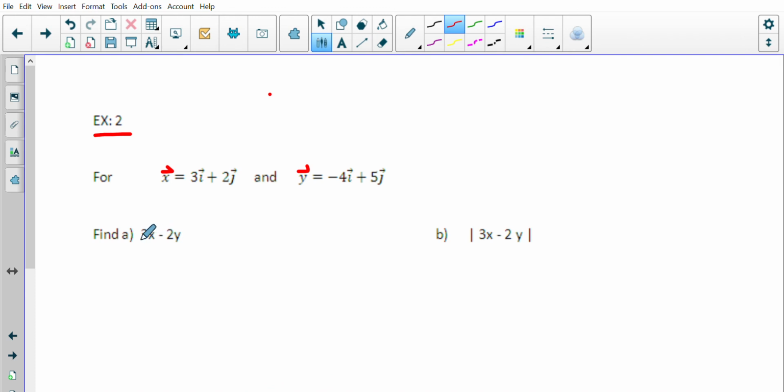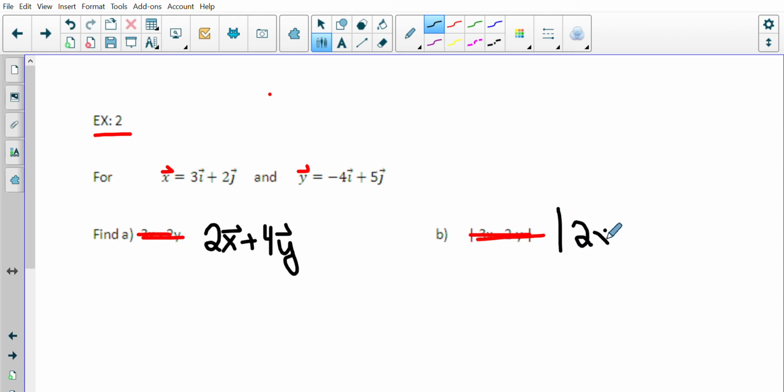What I want to find is, actually I'm going to change this up here, 2x plus 4y. So this is a scalar multiple of two different vectors, but we're adding them. And I'm going to find the magnitude of that vector, 2x plus 4y.